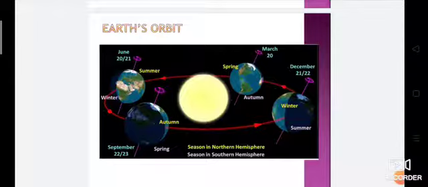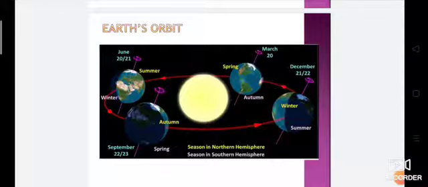Actually, in an oval shaped orbit, there is no center. There are two foci present in an oval, and the sun is located at one particular focus.